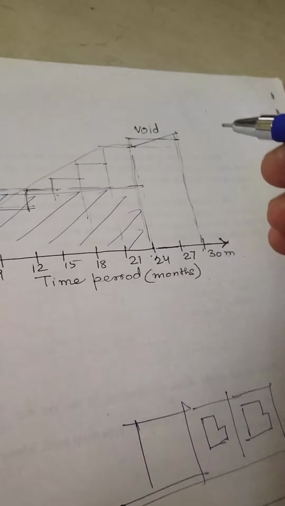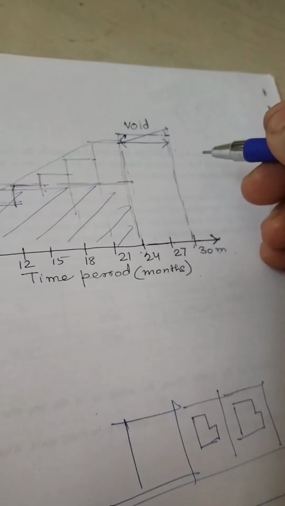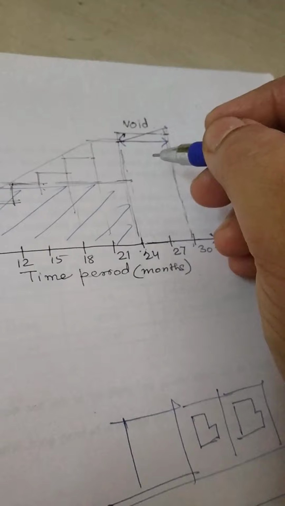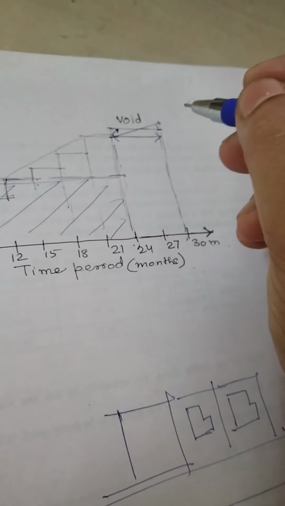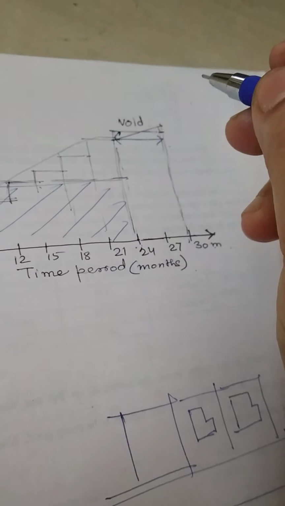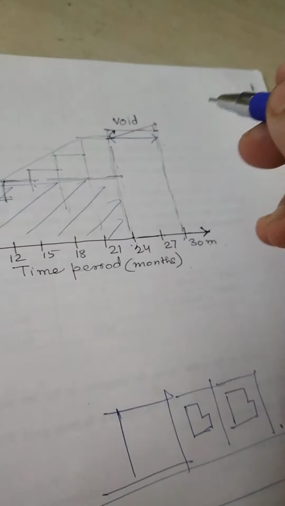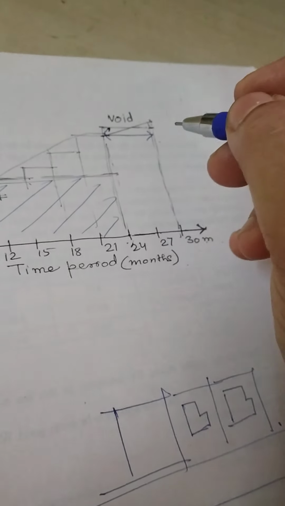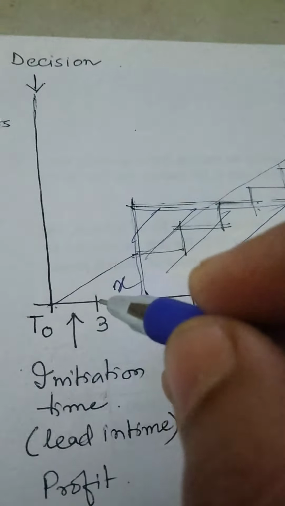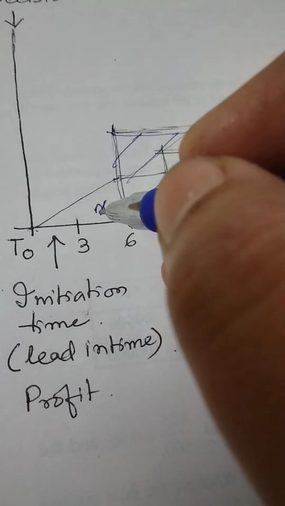So there should be a buffer time called the void, during which all infrastructure-related cost, till the sale or renting of the property is complete, is to be borne by the developer. The first portion, when you are initiating a project, is called the lead-in time.